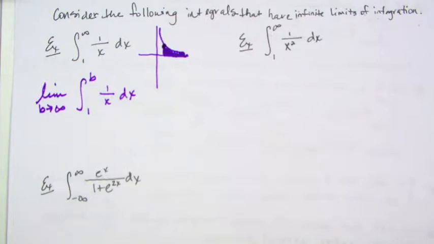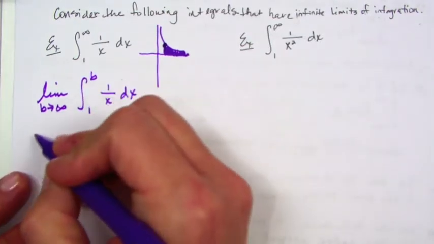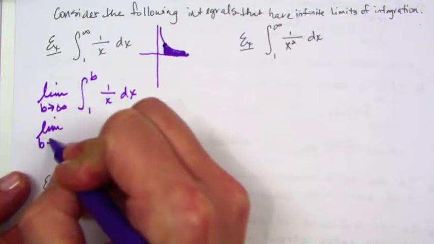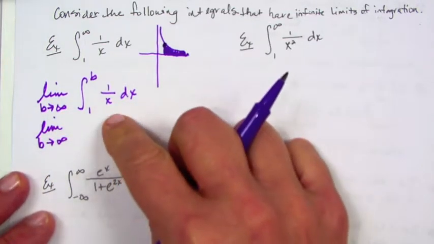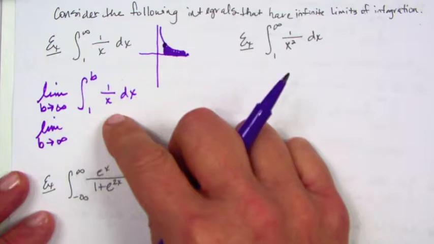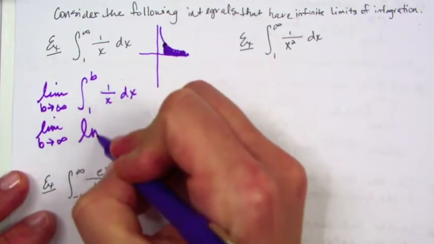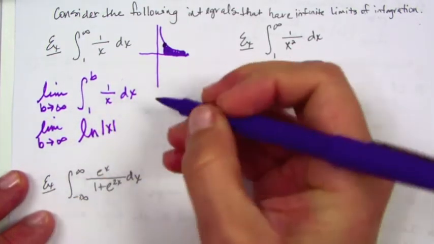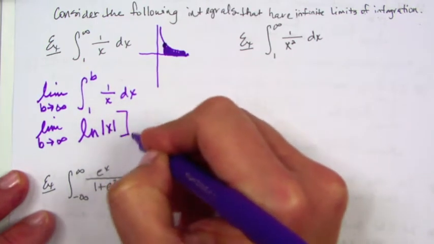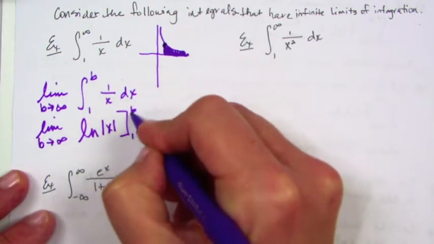And now what am I going to use? I'm just going to find the antiderivative, I'm going to integrate. So I have the limit as b goes to infinity. What do you get when you integrate 1 over x? Good, ln x, from 1 to b.